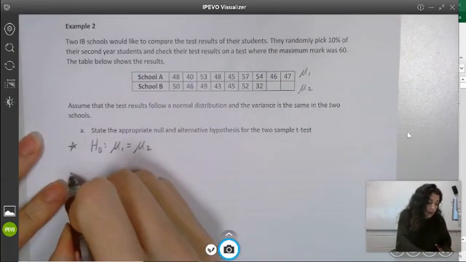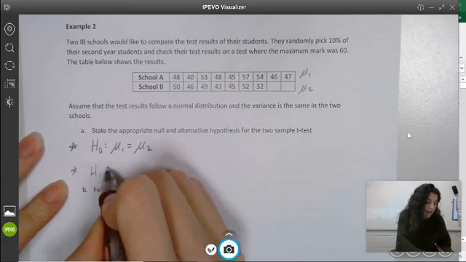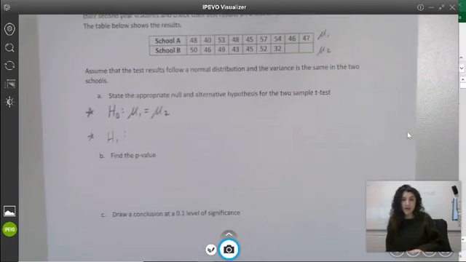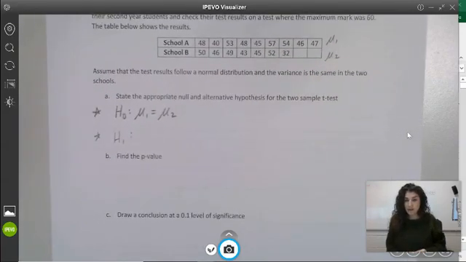So for your alternative hypothesis, I want you to go ahead and take your best guess or your best attack of what you think the alternative hypothesis is.